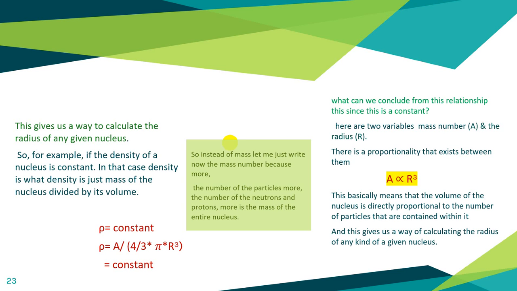Since this is a constant, and here are two variables, mass number A and radius R, there is a proportionality that exists between A and R cubed. R cubed is directly proportional to the mass number A. This basically means that the volume of the nucleus is directly proportional to the number of particles that are contained within it. So it gives us a way of calculating the radius of any given nucleus.